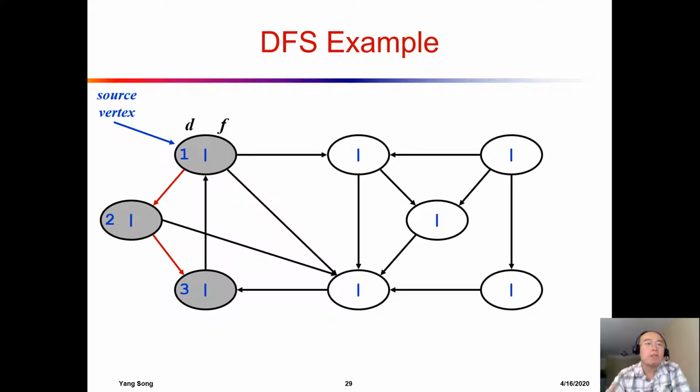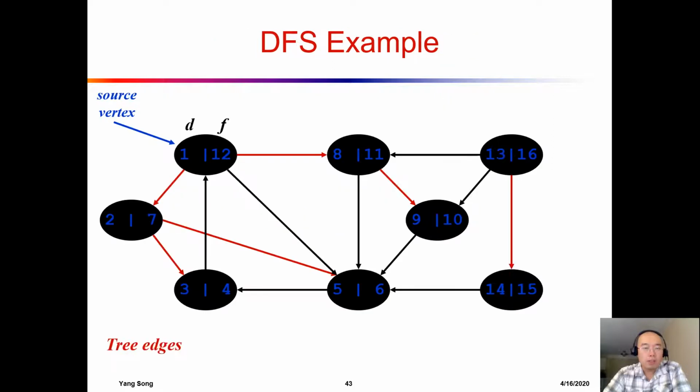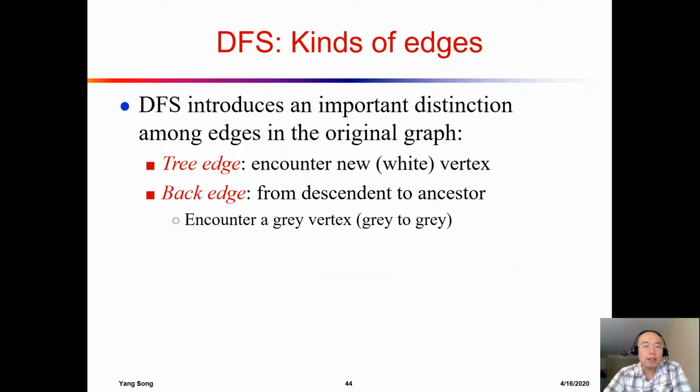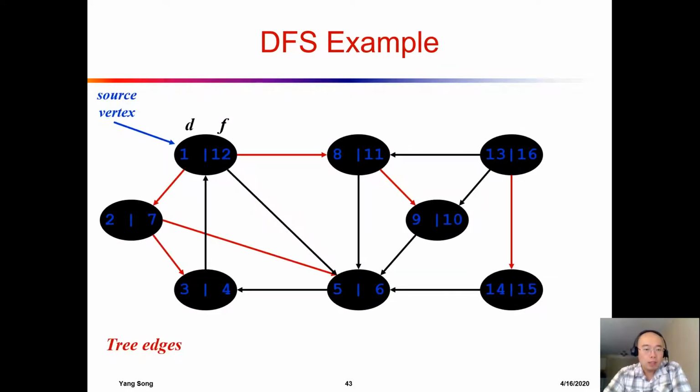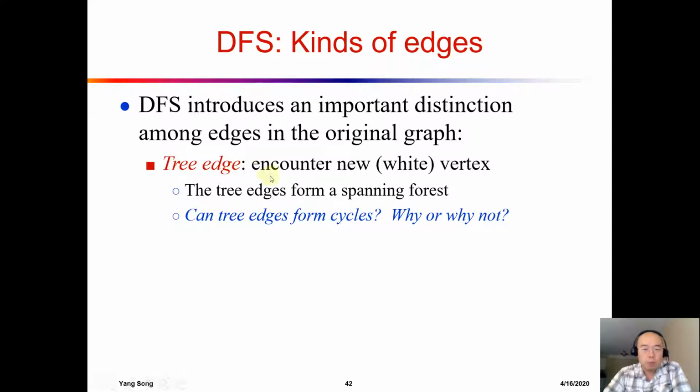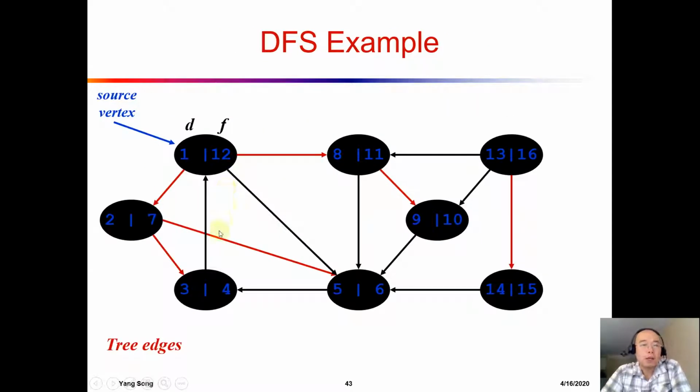However, we will never go back to a green node or a black node because we have already explored that. So this algorithm guarantees that we won't go back to an explored node, which means we won't have cycles if we only keep the tree edges. Okay, so all the red edges are the tree edges.